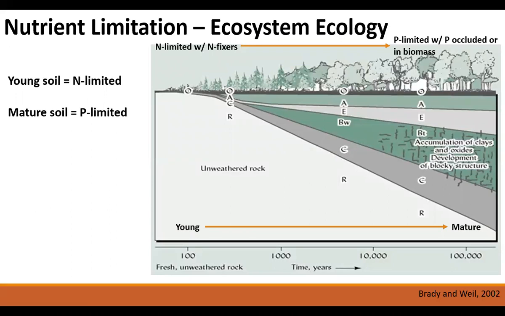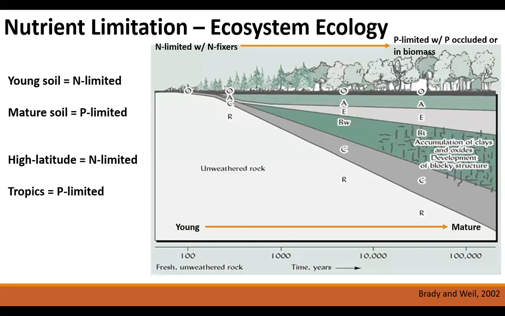However, as this soil and ecosystem develop, becoming more complex and aging, from 100 years to 100,000 years, going from young to mature, the phosphorus is becoming locked up in the soil or mostly in biomass. And so we have a switch from a young ecosystem that we think is nitrogen limited to an older system, a mature soil, that we now think is phosphorus limited.